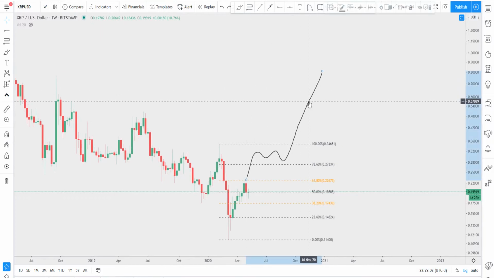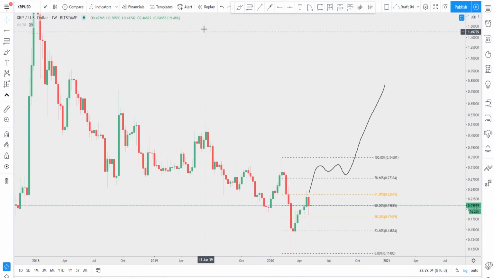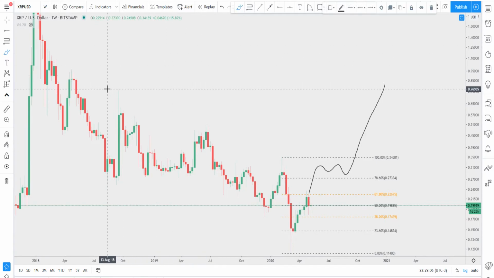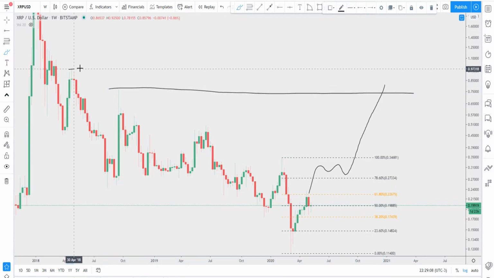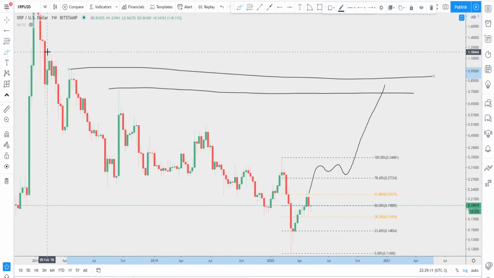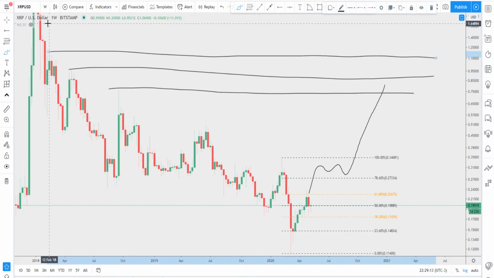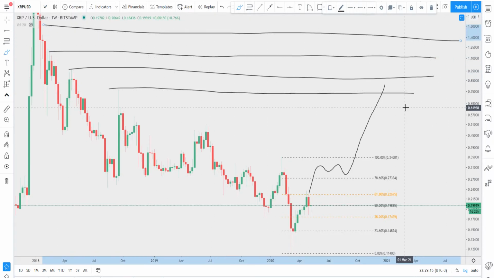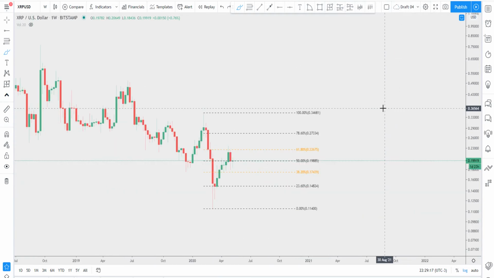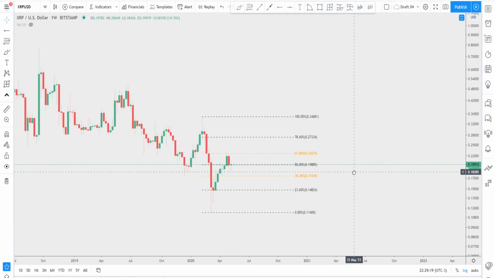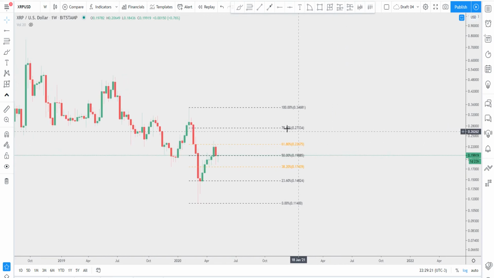And even this move here is not enough, as you can see, because we still have other levels to be reached as well. Okay, so those are the facts. We still don't have a clear picture for the bulls.